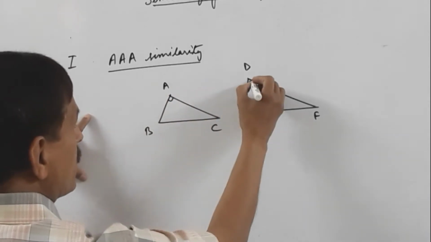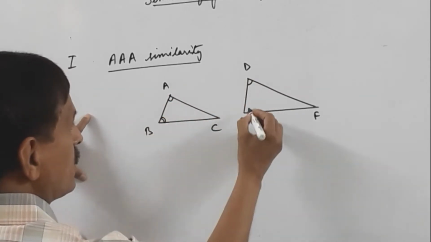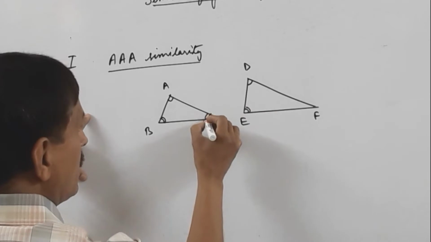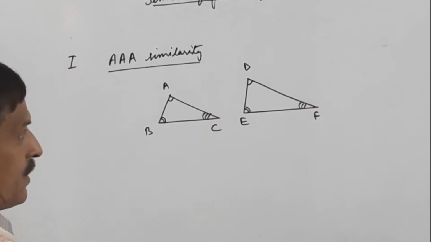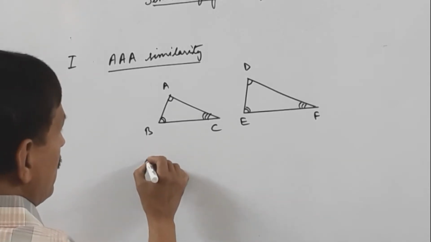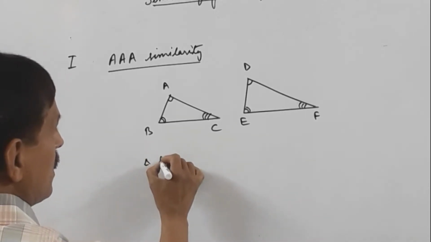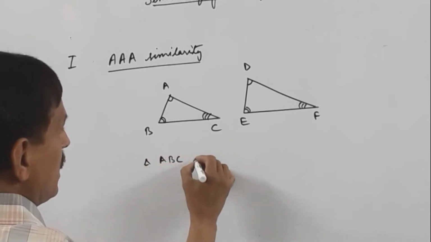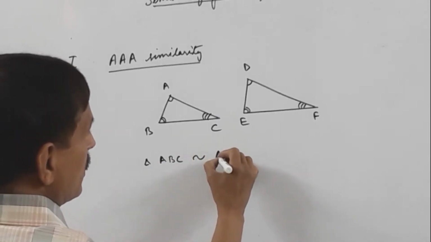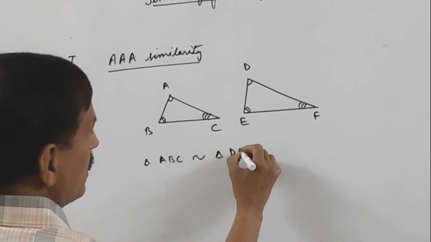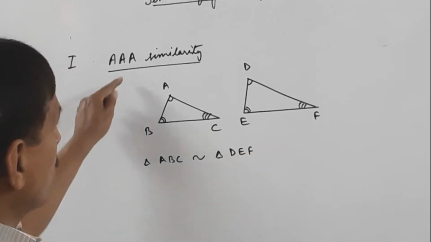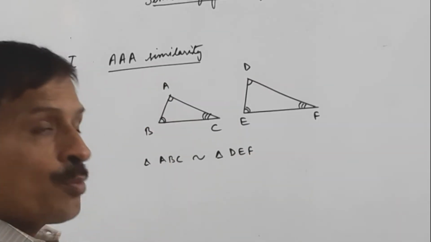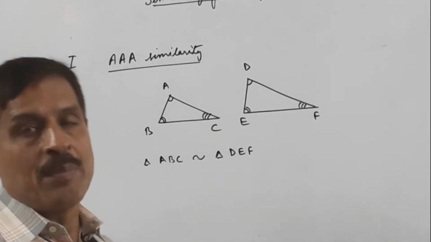So angle A is equal to angle D, angle B is equal to angle E, and angle C is equal to angle F. So we can say triangle ABC is similar to triangle DEF by AAA similarity.